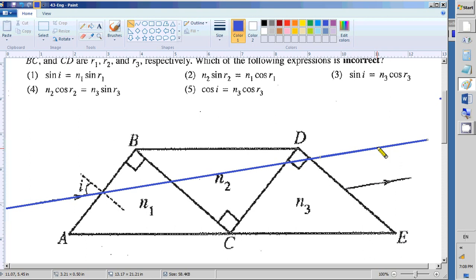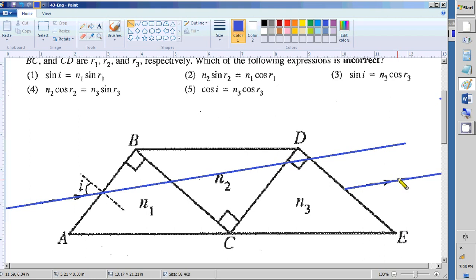This ray can be located anywhere, up or down, it doesn't matter, but the angle of deviation is 0 according to the question. That means this ray is parallel to the incident ray. They have drawn it exactly parallel in this question, so we don't have to edit it.